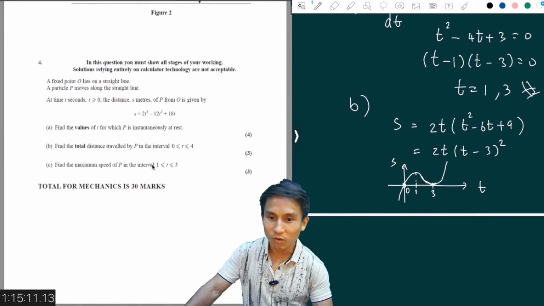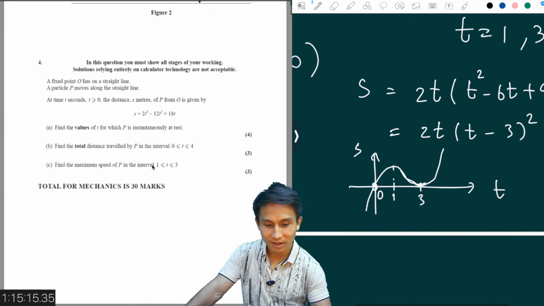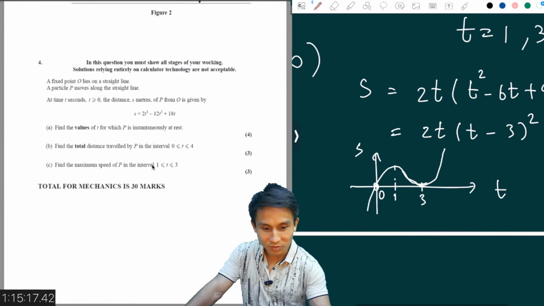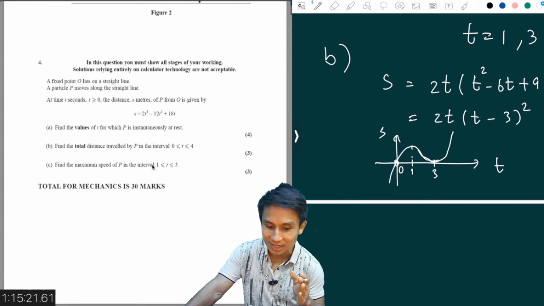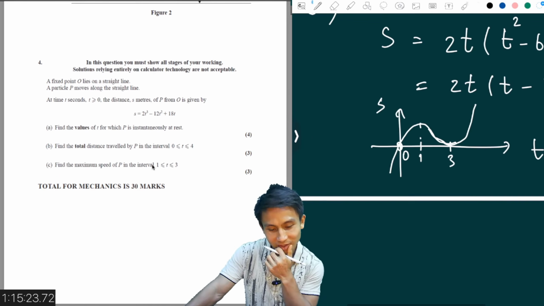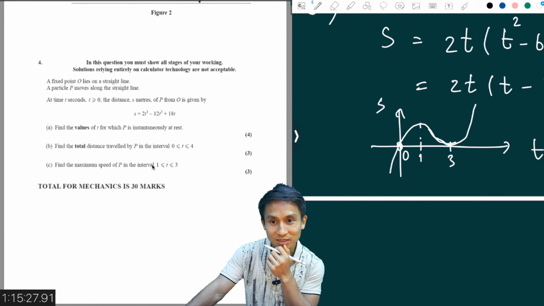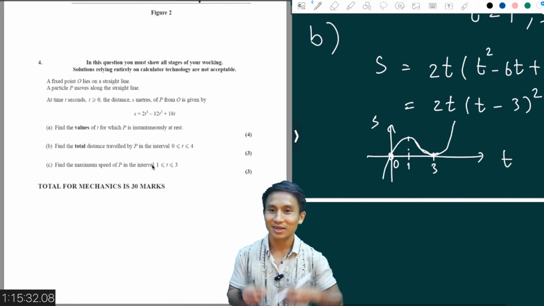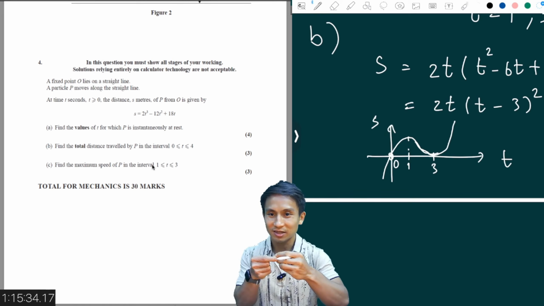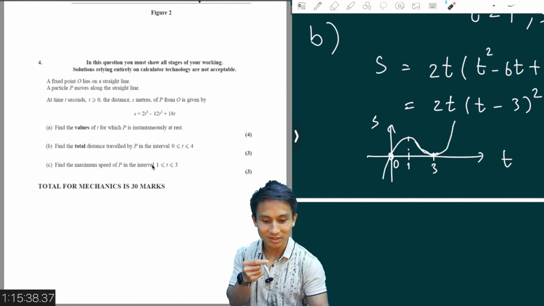But we want the total distance traveled from 0 to 4. Aha. Okay, and this allows us to see that the distance s meters from P to... Oh, okay, this is basically displacement. The origin is where you start, and P is the particle. So that's why it can decrease.